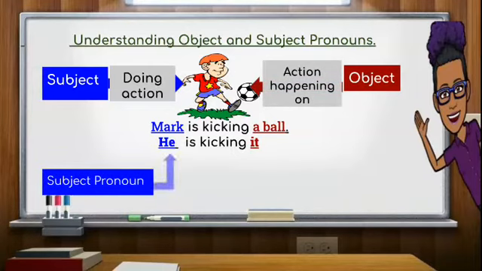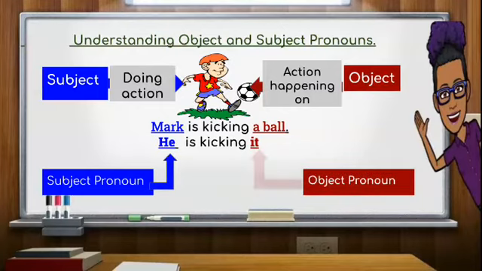Because he is the subject, the personal pronoun that's going to be used is the subject pronoun, also the doer of the action. And it replaces a ball as the object receiving the action. It is the object pronoun.